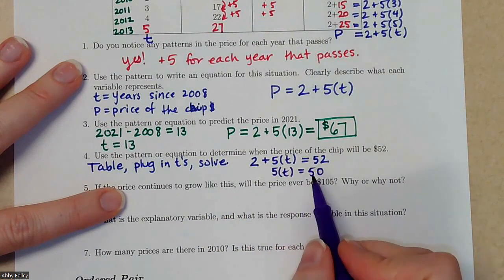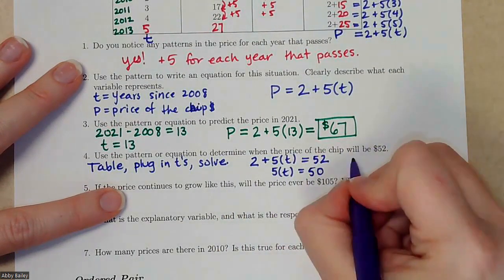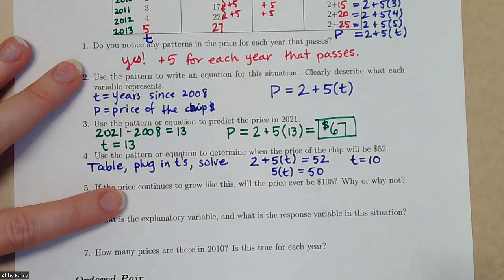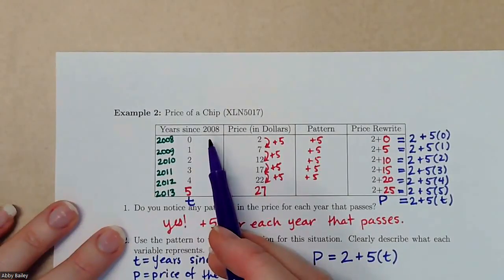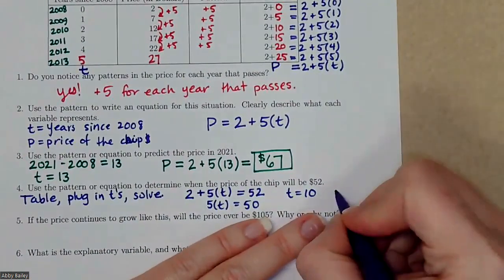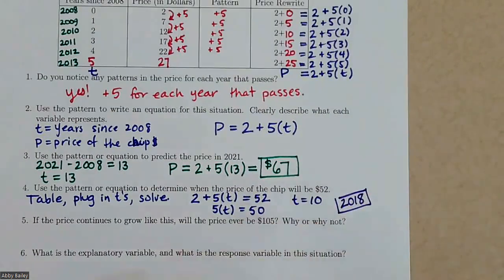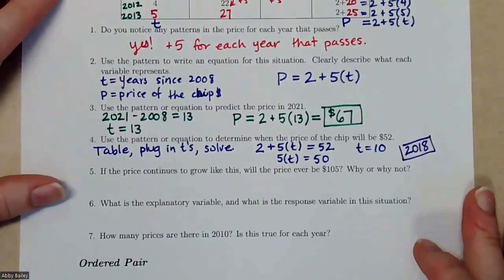Well, 50 divided by 5 is 10. So 5 times 10 gives 50. So what does that mean? 10 years after 2008, it is in 2018 when the price of that chip was $52.